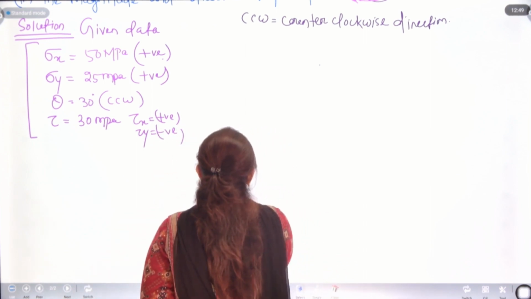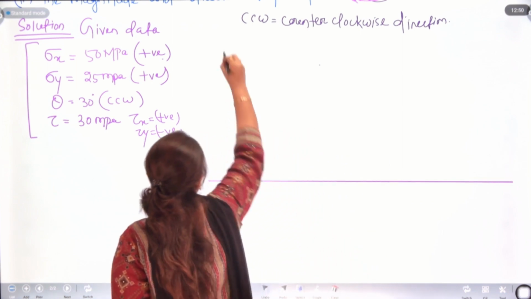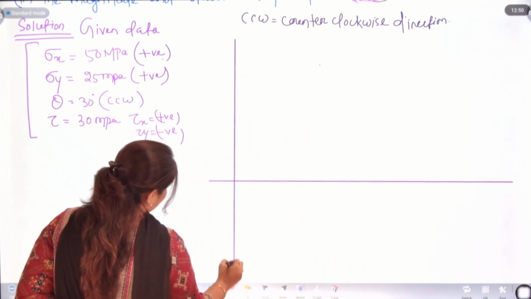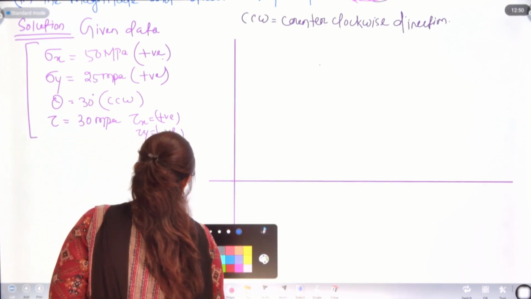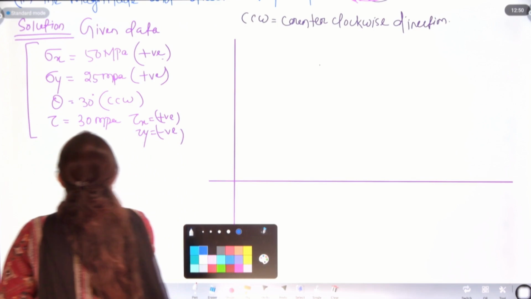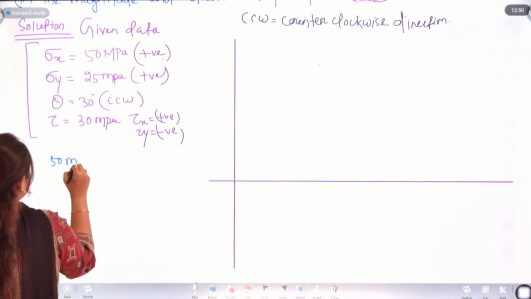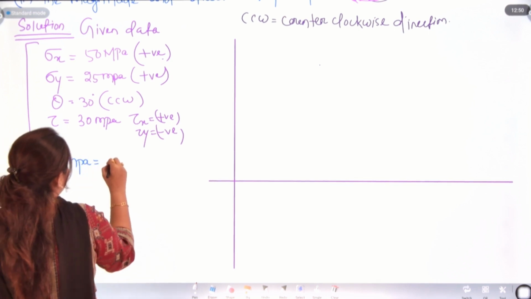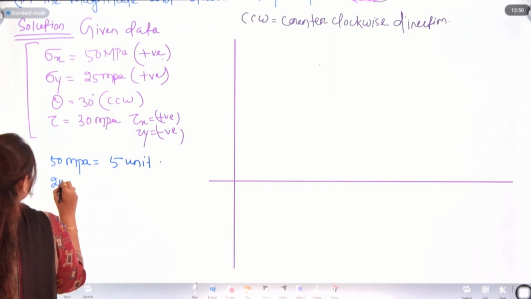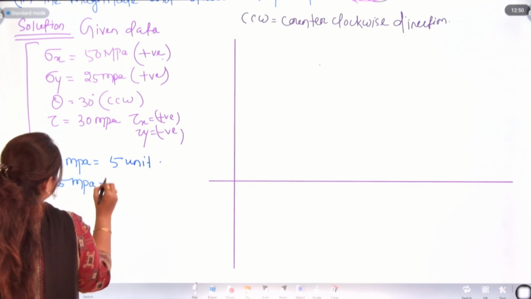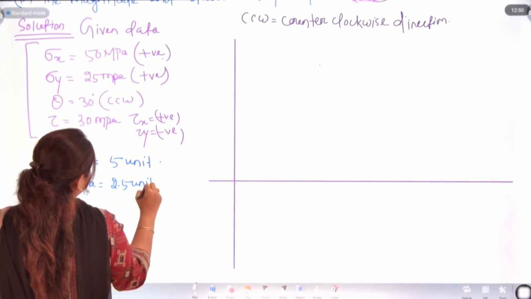by using this data. This will be your x axis and here you have the y axis. Let's take 50 megapascal as 5 unit and 25 megapascal, that is 2.5 units.